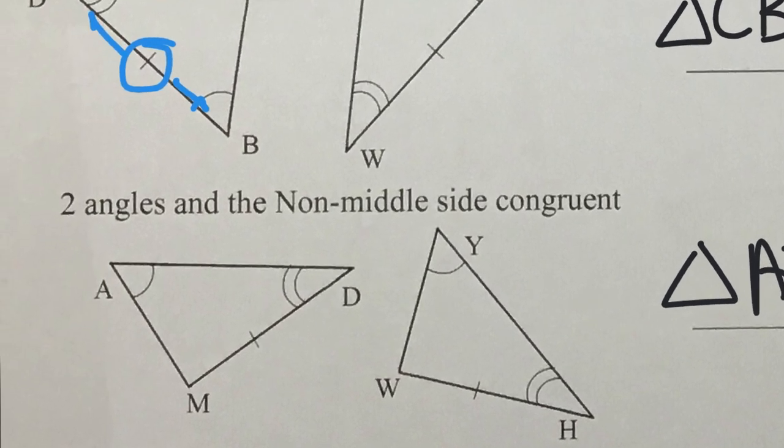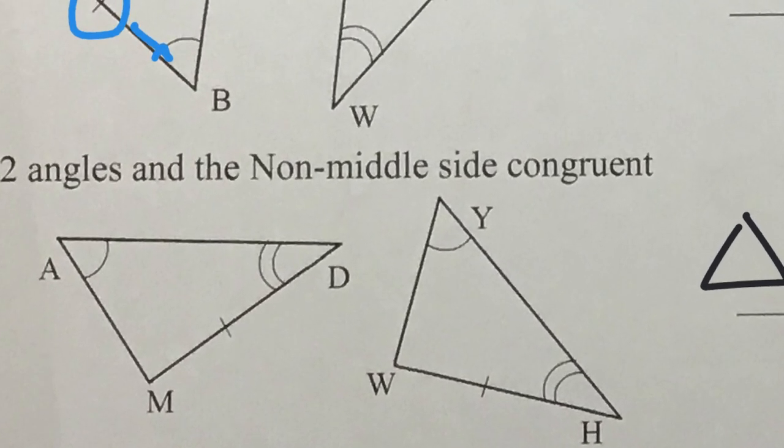Okay, and then look at this picture, right? What do we notice about these pictures that's different from the one above it? Up above, your side was here, right? The side was here in between your 2 angles. But where is the side in this case? It's not between, okay? Your side is not between your 2 congruent angles.